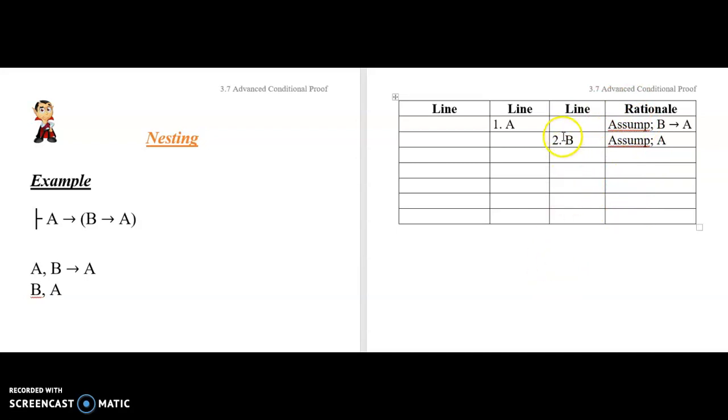The difference is that when we used it to prove a biconditional, we would make an assumption, go through, close out that assumption, discharge it, then make a new assumption and do it. Here what we're doing is very different. Here we're making an assumption, we're not closing it out, we're not discharging it. Within that assumption, we're making yet another assumption.